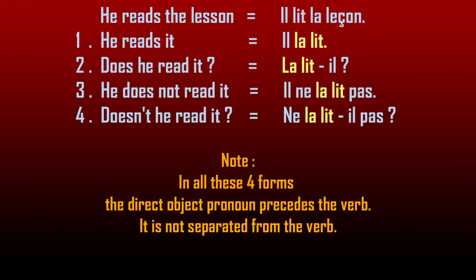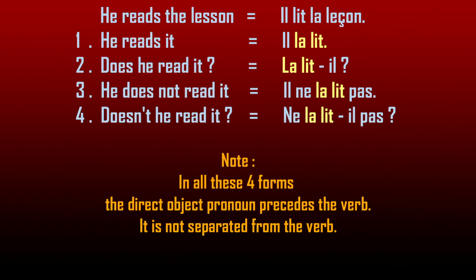Number 4 is the negative interrogative form. Doesn't he read it? How do we construct this in the French language? First, make it into interrogative: la lit-il. Does he read it? And where will you write ne and pas? Ne is written even before the direct object pronoun la. These direct object pronouns me, te, le, la, nous, vous, les cannot be disconnected from the verb.